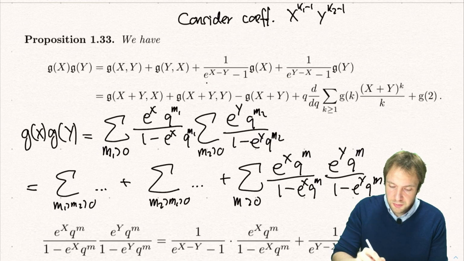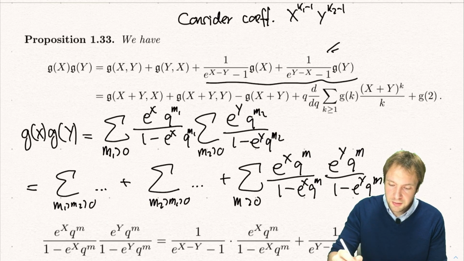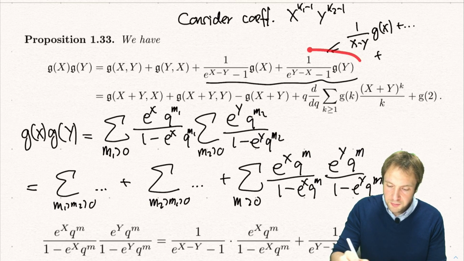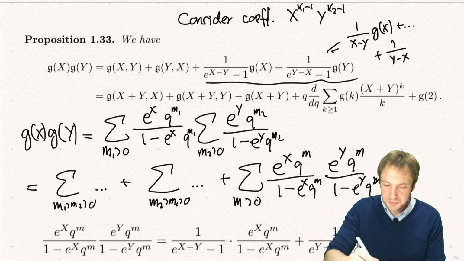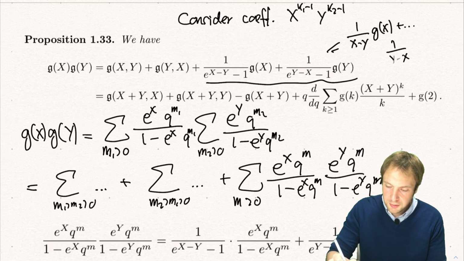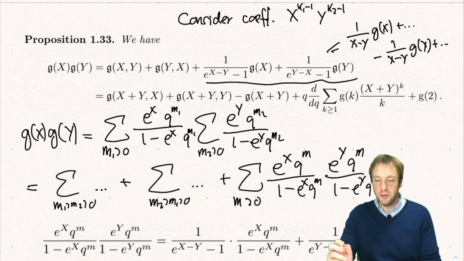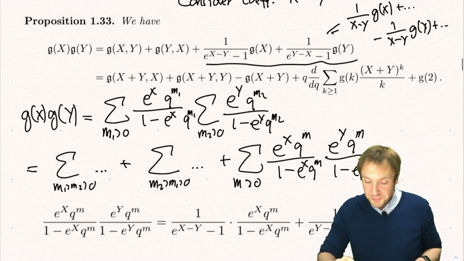So you need to rewrite parts of this, so you get 1 over x minus y times g(x) from this plus something, and from this you get 1 over y minus x, or in other words you get minus 1 over x minus y times g(y), plus something without poles.